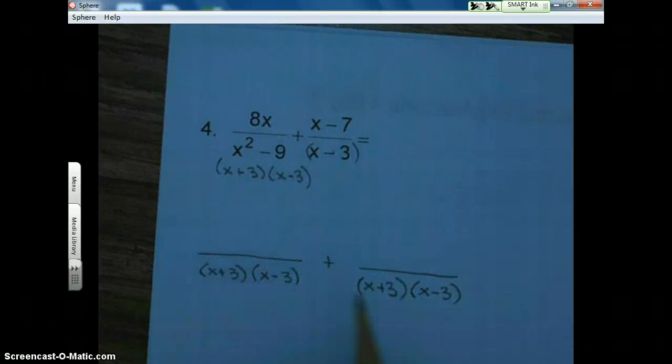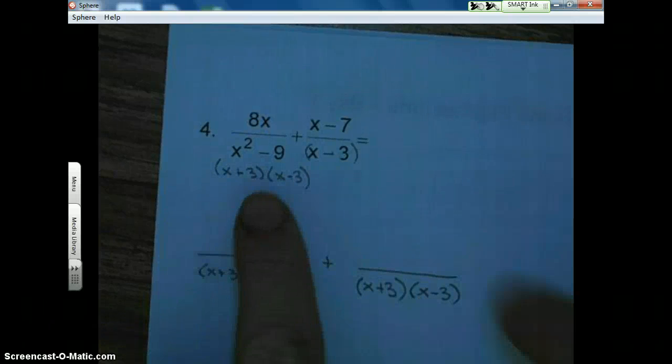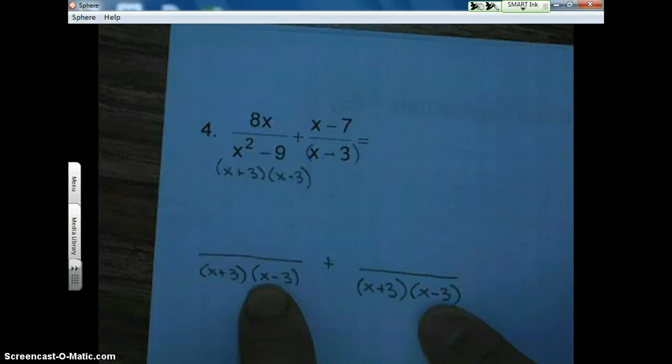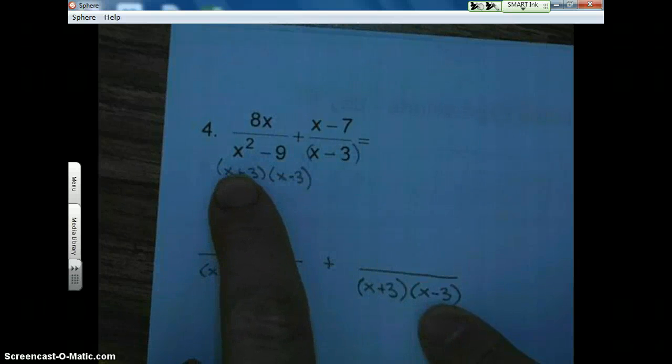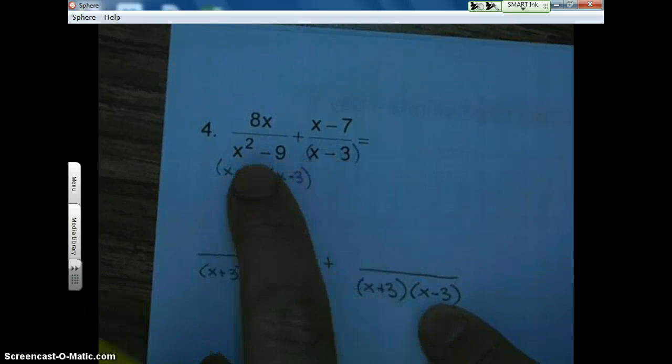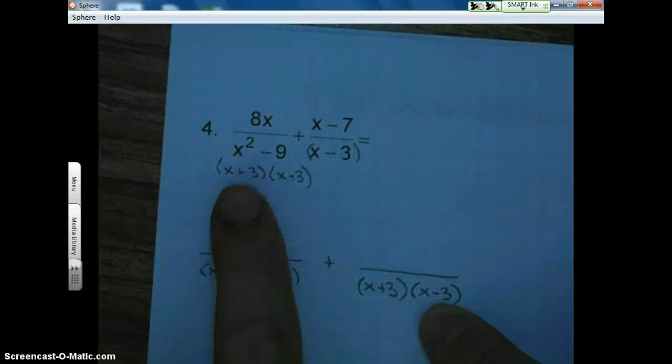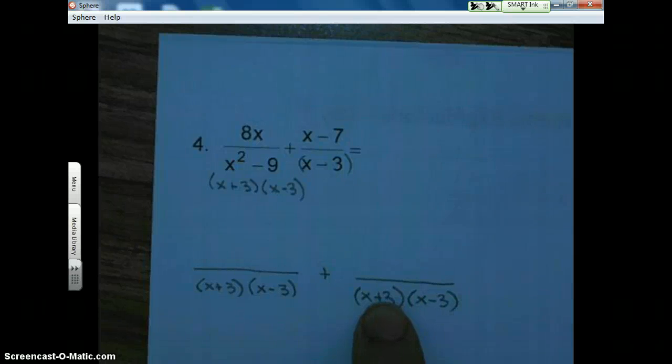Now the denominators are the same. Remember, I took the common one, I wrote it down. Then this one had an extra factor that this one didn't have, so I had to add it, put it on this side where it belongs, and add it on to this side.